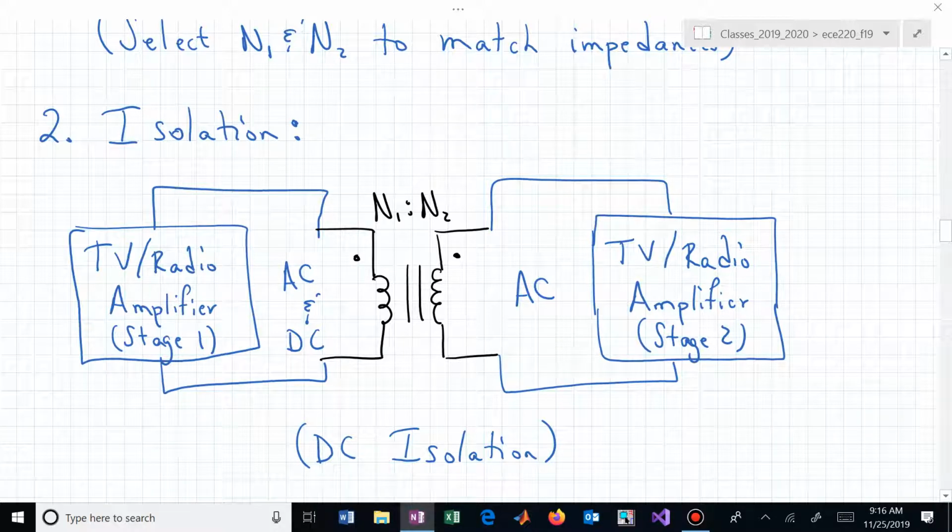For that reason, if you have DC signals in the first stage of an amplifier, that's not going to be transmitted. It will be isolated from the second stage. All you will have is the AC, or the alternating sinusoids, on the secondary side, or at stage 2 of this amplifier circuit.